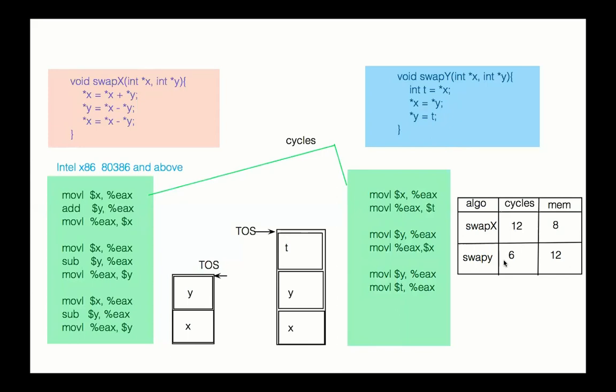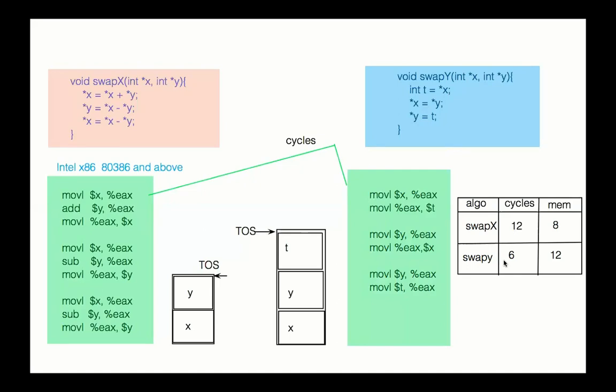swap X and Y. If I have to choose swap X, what are the trade-offs? If I have a slow processor, but memory is not an issue, then still it's a bad call to use swap X, because you have a slow processor, you have only 1 megahertz, say for example, a CPU, and you're running this program which is calling itself 10,000 times.